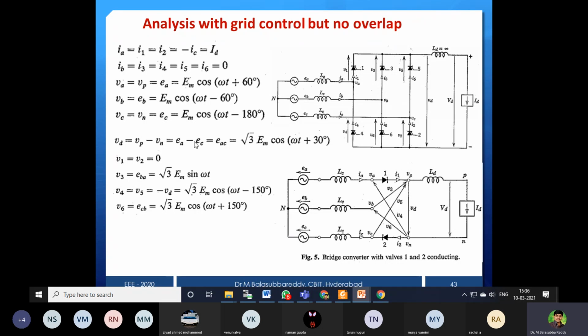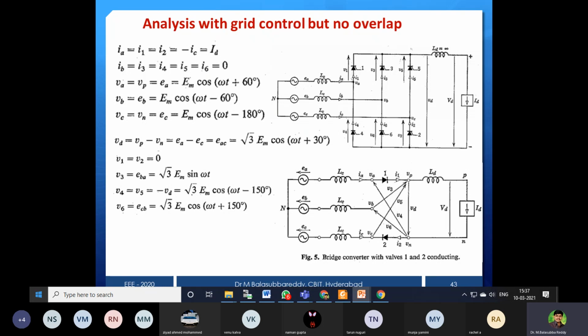If this is known to you, then we can easily observe if 3 valves are conducting, because this total scenario is divided into some cases based on the overlap. If the overlap angle is less than 60 degrees, two intervals are there. First interval is 2 valve conduction, second interval is 3 valve conduction.